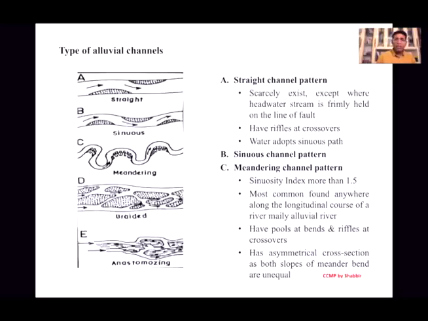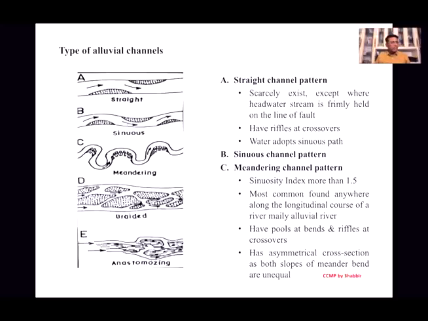Page 410, please be with me all of you. Page 410, second column, look at the last 4 lines. It says, although a great deal is known about the behavior of meandering streams and about their statistical properties, it is still not possible to define the ultimate cause of meandering.